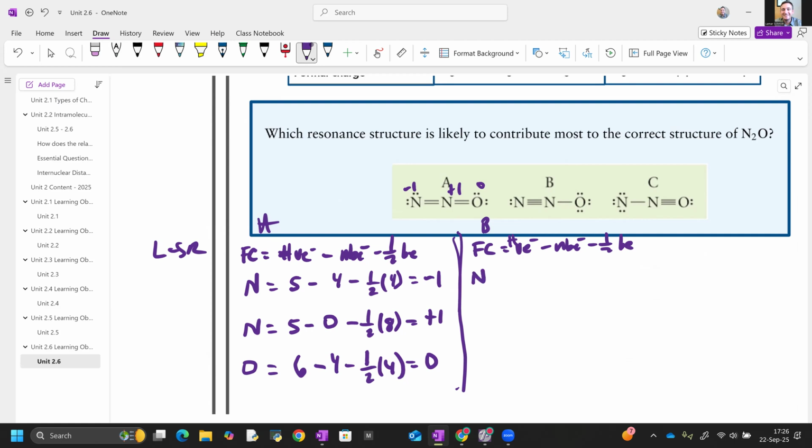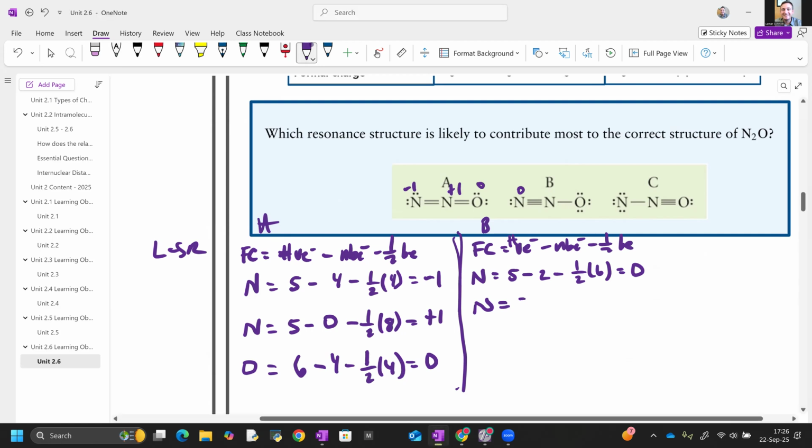So this first nitrogen is going to show 5 valence electrons minus 2 non-bonding minus 1/2 of 6. And so we see 5 minus 2 minus 3, which is 0. So this has a formal charge of 0. This second nitrogen is no different than the nitrogen that we saw over here.